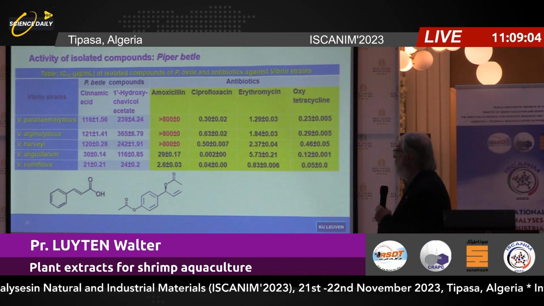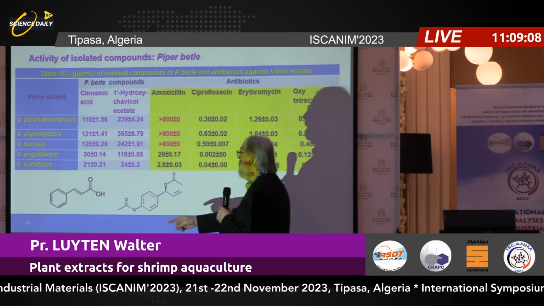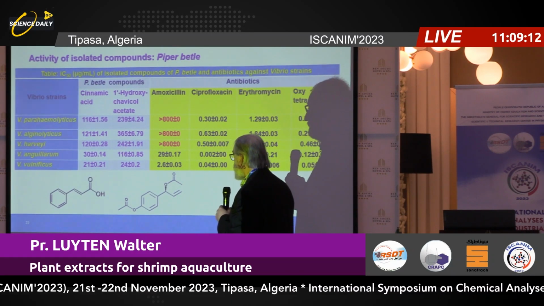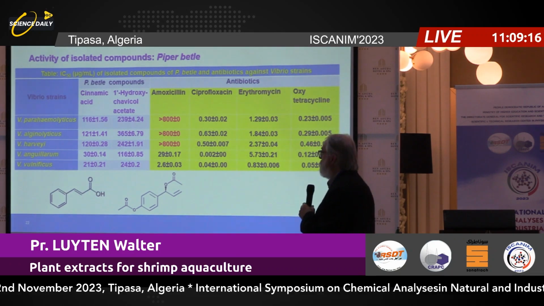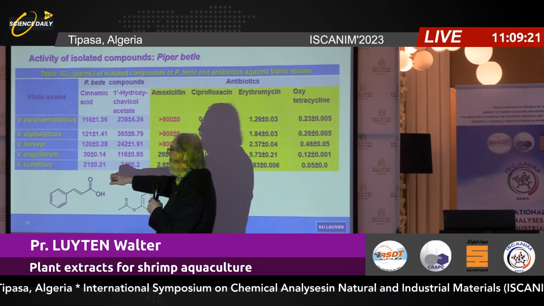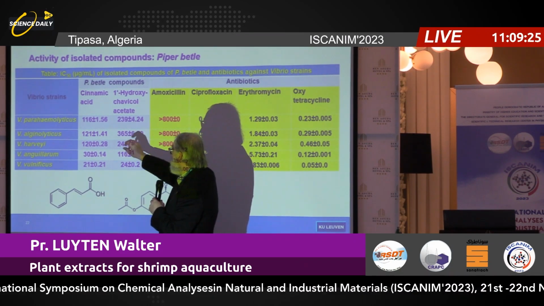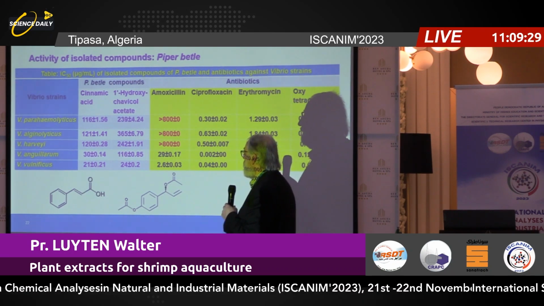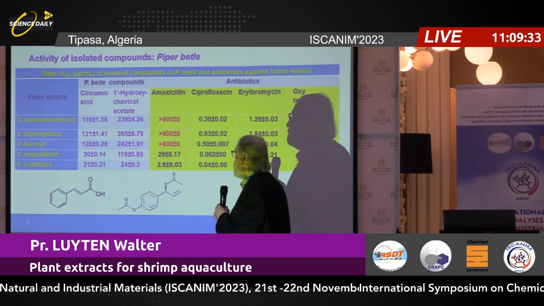And in the case of Piper betle, we isolated 2 active compounds, cinnamic acid and 1-hydroxycarbonyl acetate, shown respectively here in their chemical structures. All of them show activity on the different Vibrio species that they were tested on. In some cases, this activity is better than traditional antibiotics like amoxicillin, which has no activity on these 3 Vibrio species.